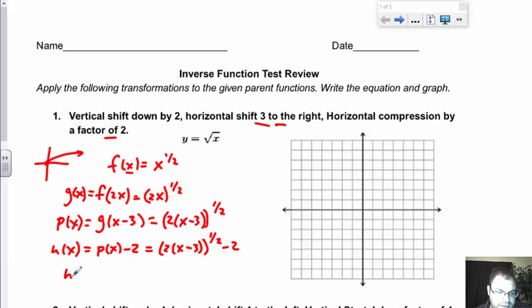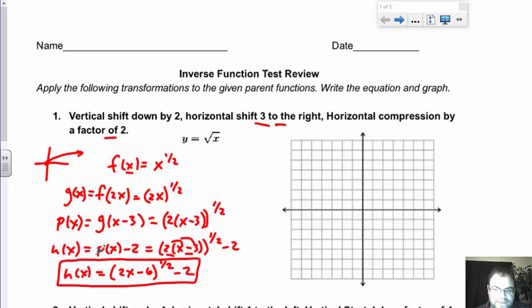If I clean this up, all of these transformations together give me this equation. If I distribute this 2, it's going to give me 2x minus 6, raised to the power of a half, minus 2. This is the equation that I'm going to graph.